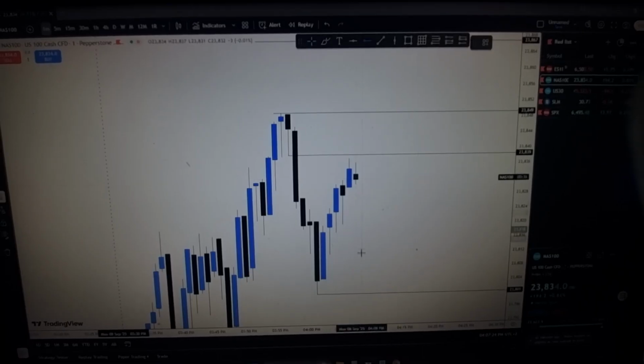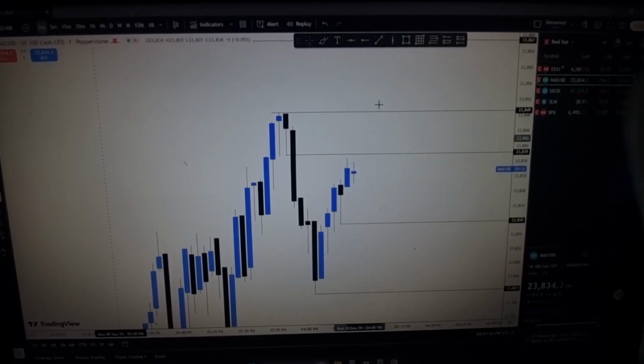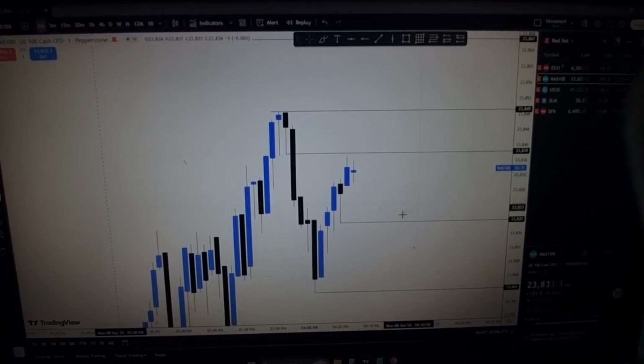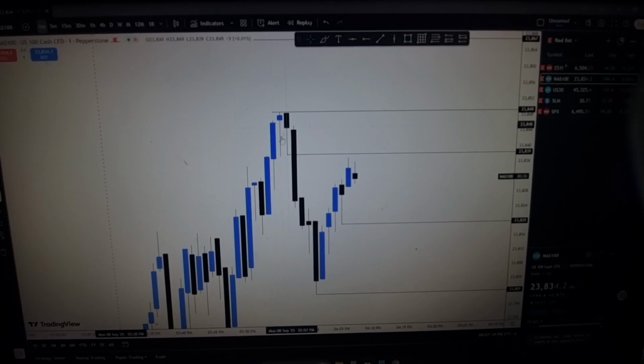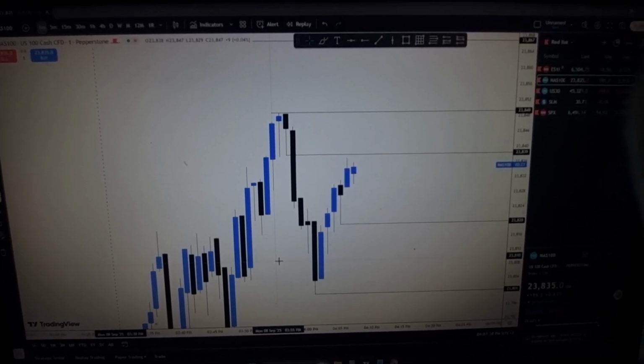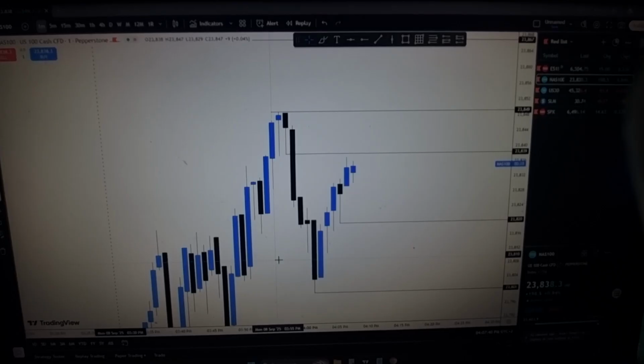So we do have this low here now that we can break, meaning we respected this fair value gap over here, and our order block and our breaker block. So let's see, 20 more seconds.